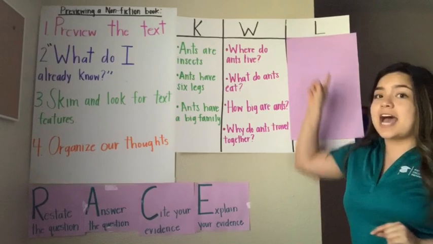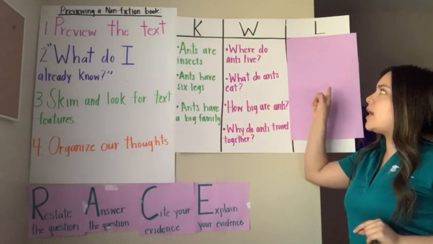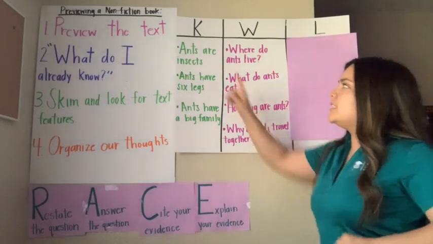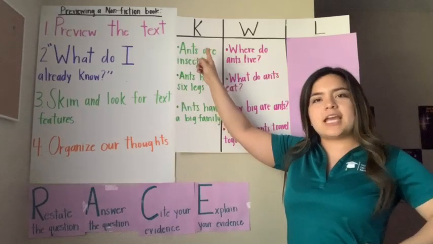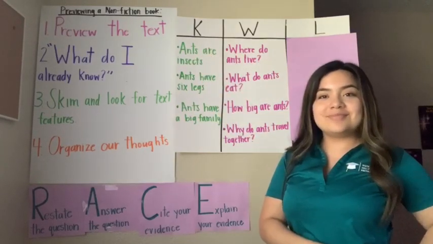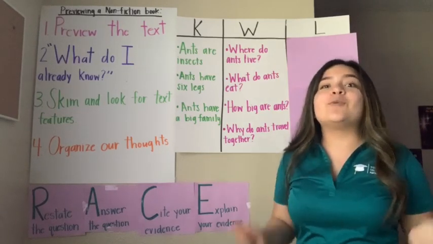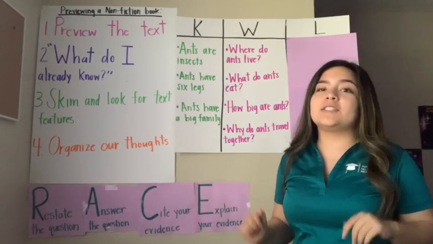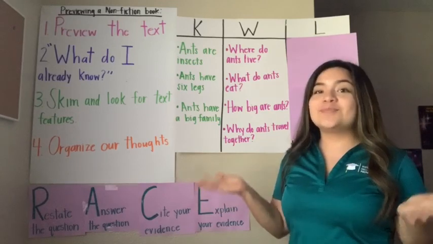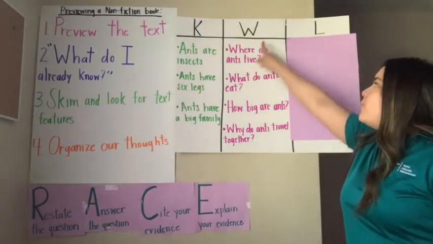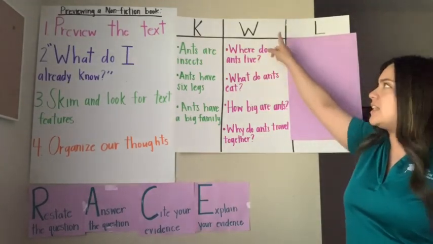So today we are going to finish reading the rest of our story, and then we are going to fill out the last part of our KWL chart. What does the K stand for again? Yeah, it stands for what we already know. And then what does the W stand for?